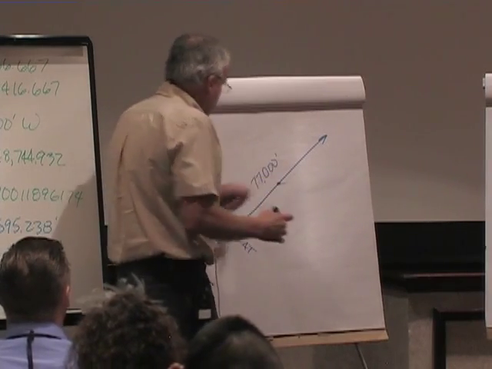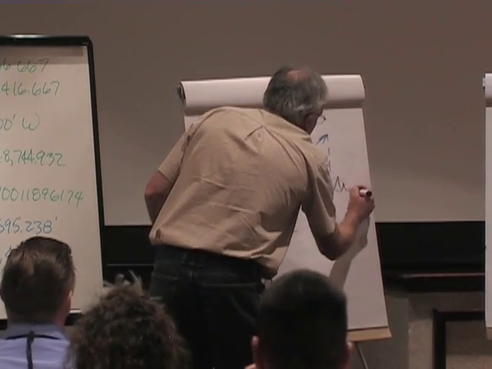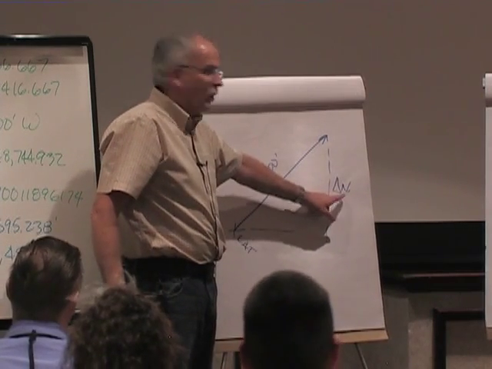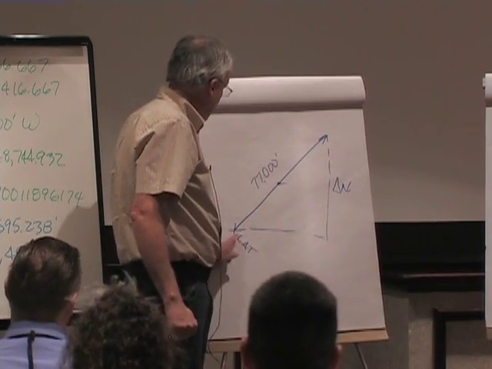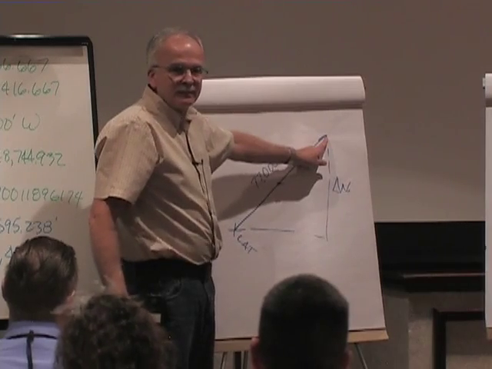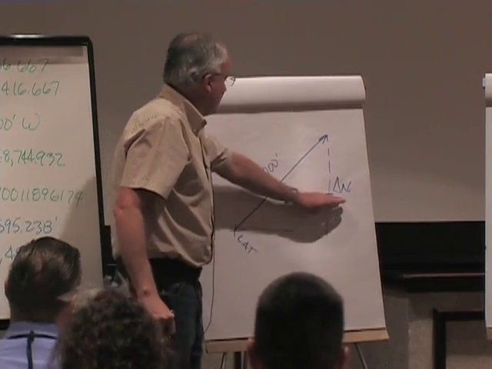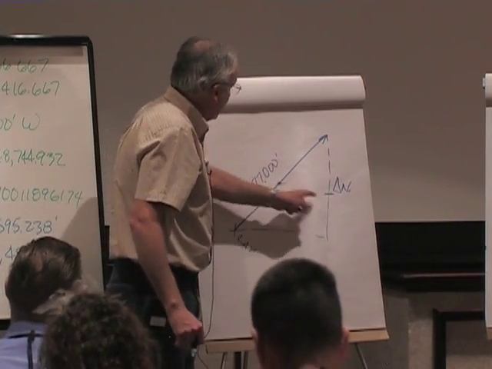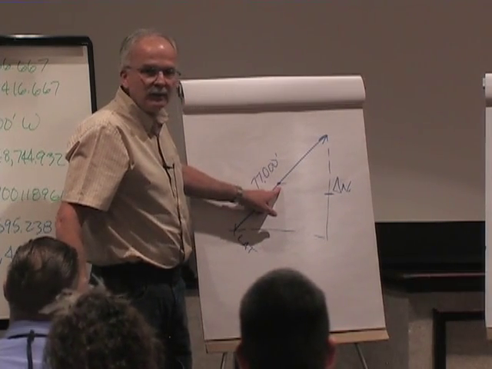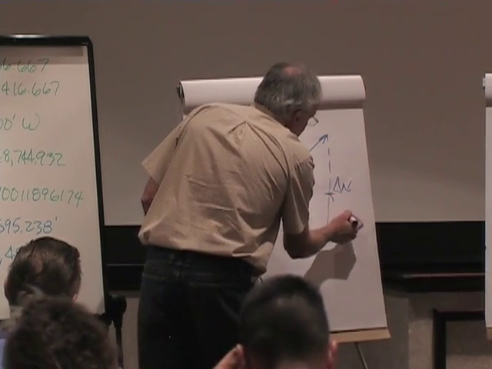If you know this is 77,000 and you know the azimuth, you could calculate the latitude, as in latitude and departures, or the difference in northing between this point and this point, correct? If you divided that by 2, you'd end up with the difference in northing between your midpoint of this line. Make sense so far? So now you have a distance from here to here, the difference in northing, whatever it is, in feet.